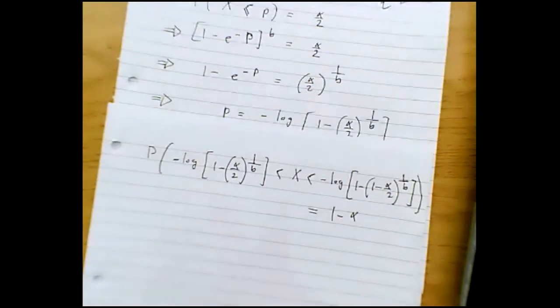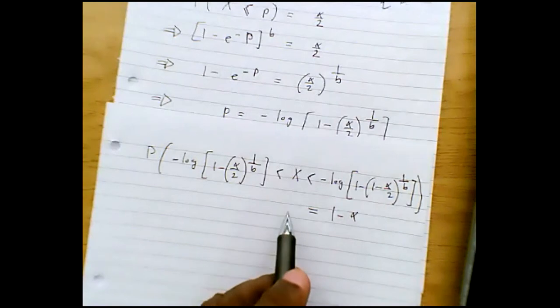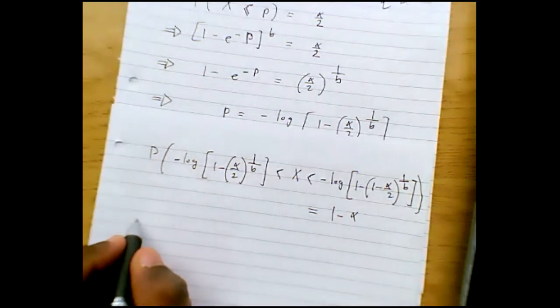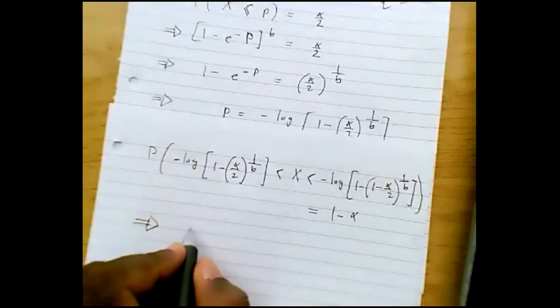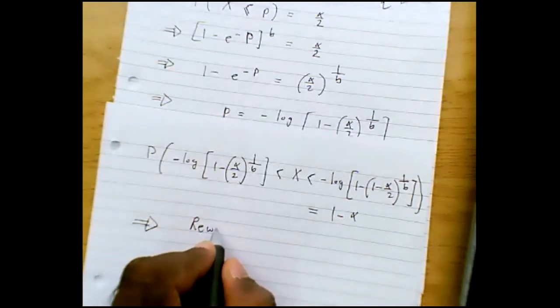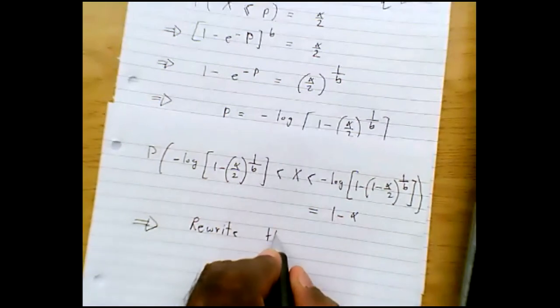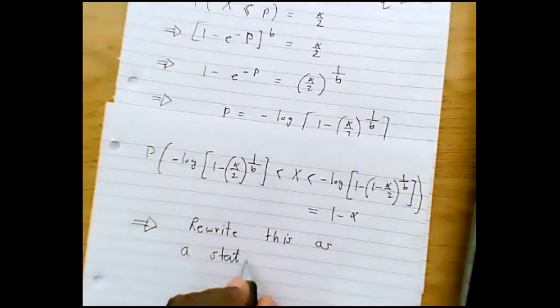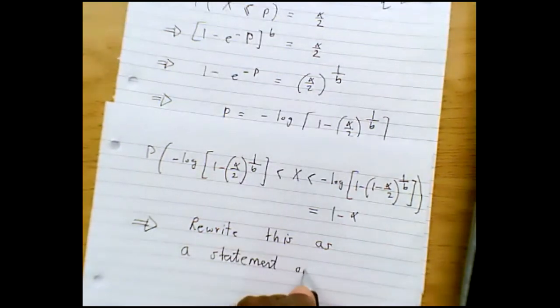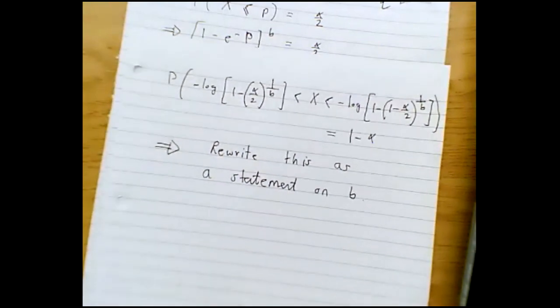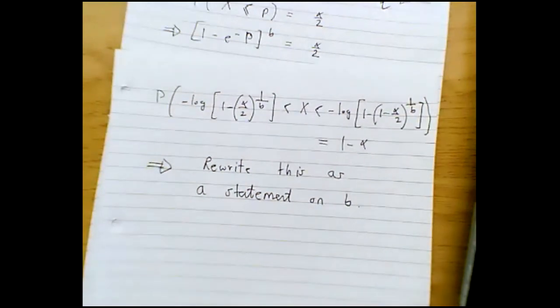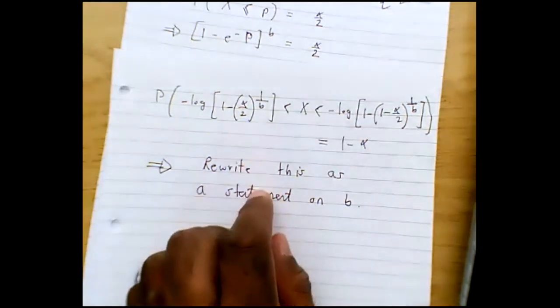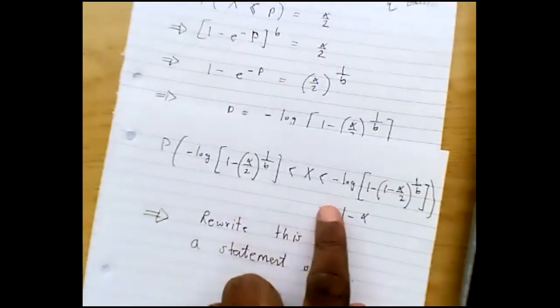Now what I want you to do is to rewrite this as a statement on B, and that will give you the confidence interval for B. With all the math you have done, guys, you shouldn't find it difficult to rewrite this as a statement on B.